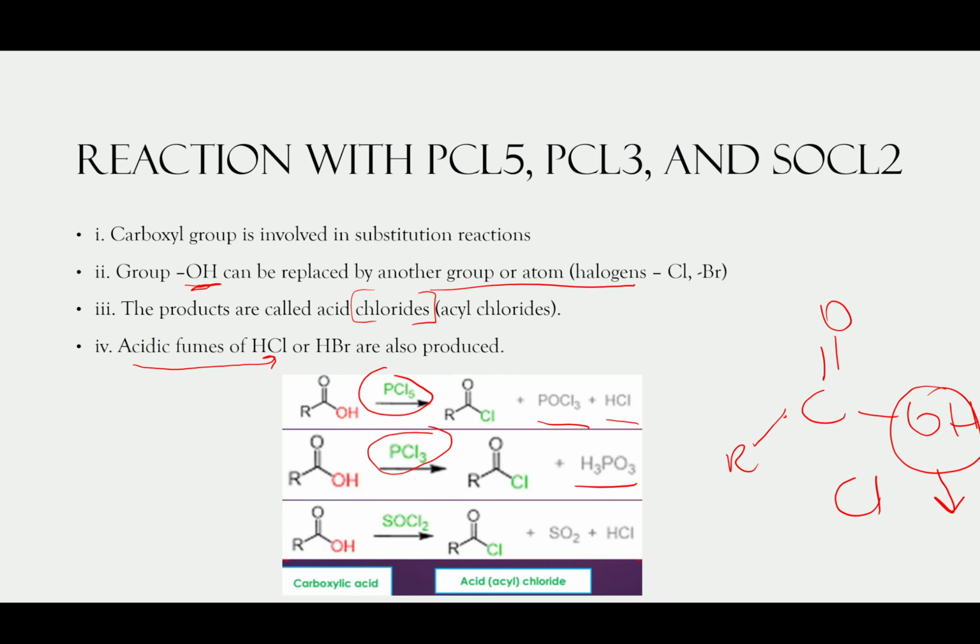Note that. These are just things that we have to remember. We don't have to know the mechanism. We don't care about the mechanism. We just need to know what is produced, right? With thionyl chloride, we have the creation of sulfur dioxide and HCl gas.